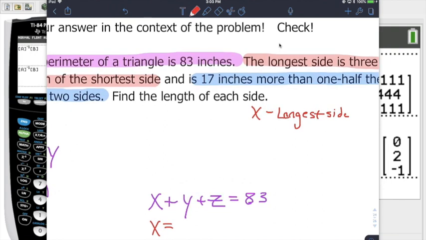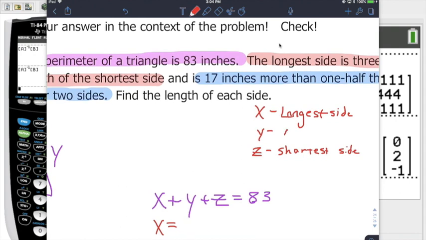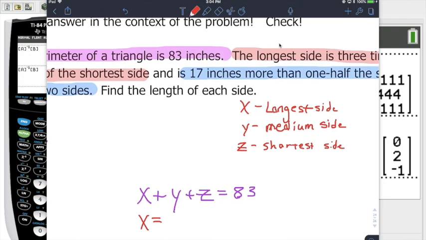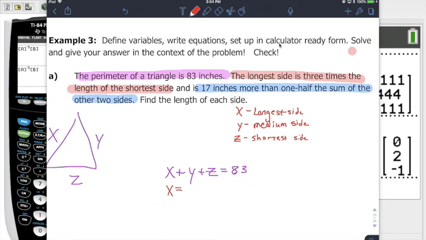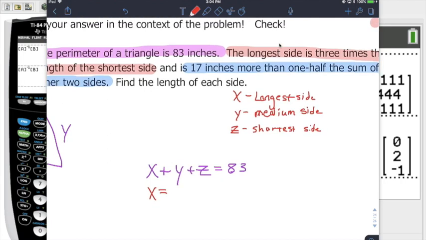Let's call z the shortest side, so y will be the medium. So going back to that, if we go 3 times the shortest side, that should get us our longest side. Let's use z.